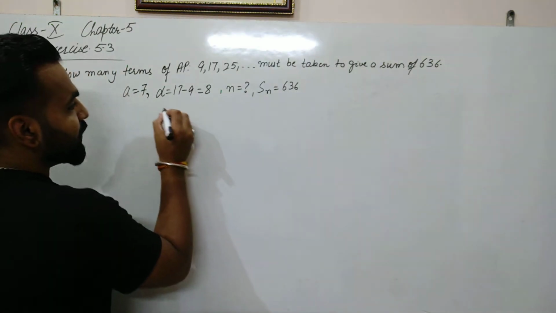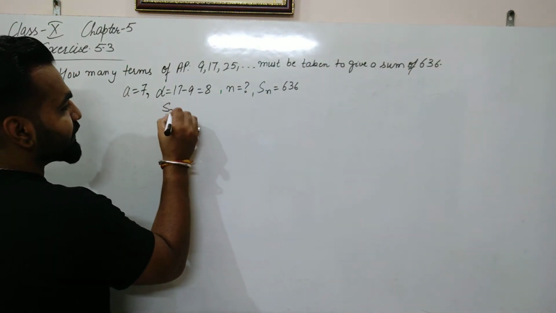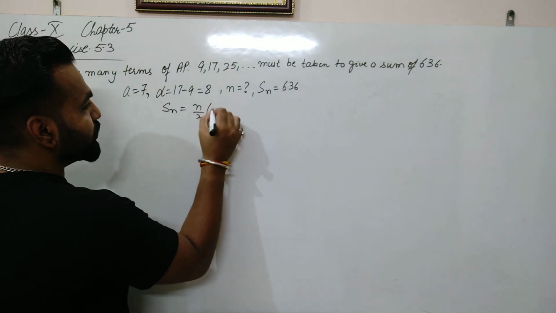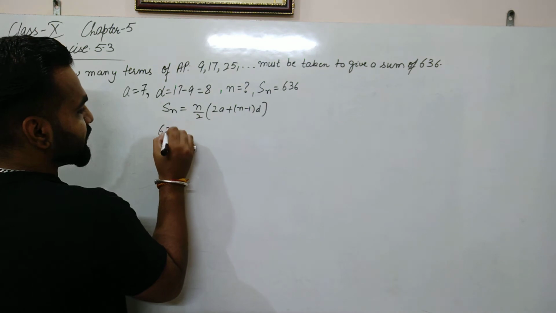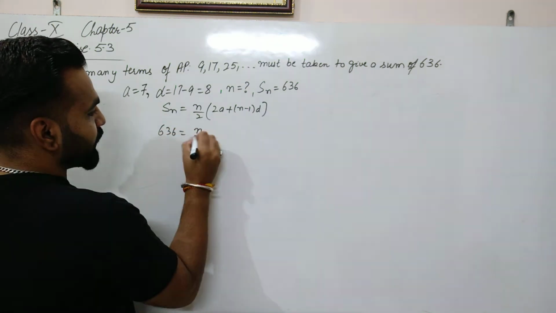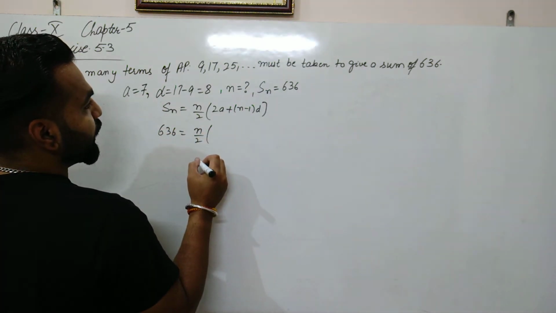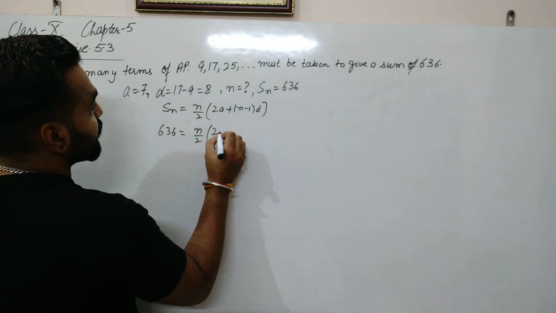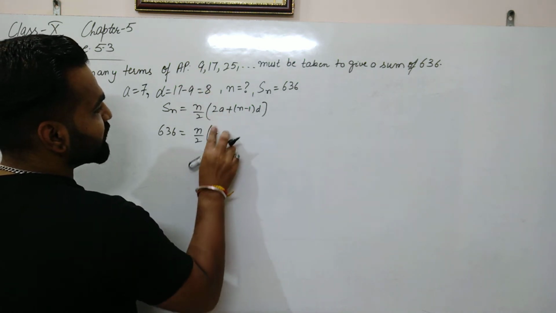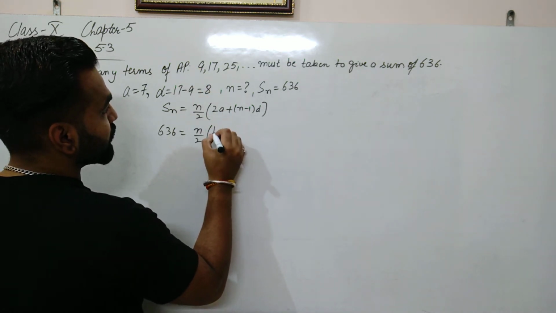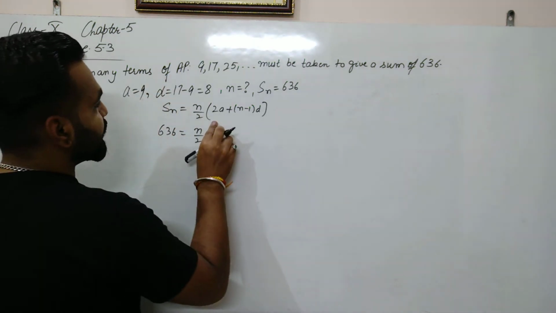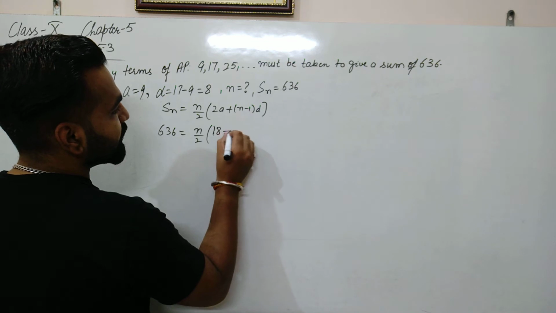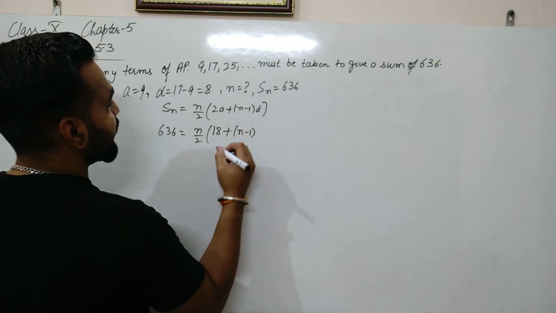So Sn is equal to n by 2, 2a plus n minus 1 into d. 336 is equal to n by 2, 2a. What is a? A is 9. So 2a is 18, 18 plus n minus 1 into d, and d is 8.